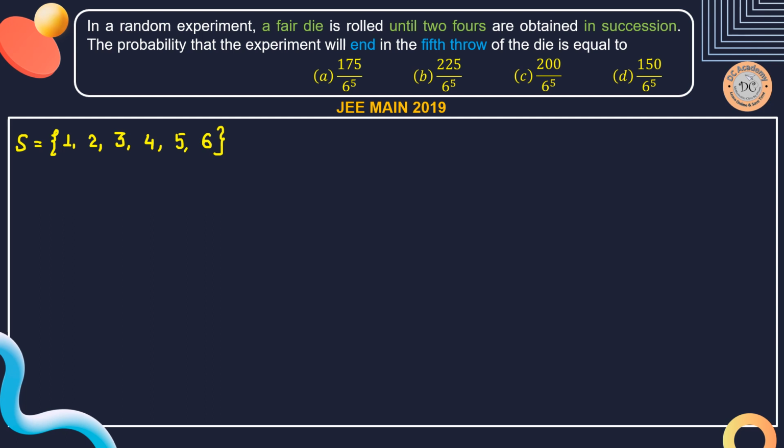So that's it. Now here we've seen that there is an event of getting 4. So we consider that let A be the event of getting 4.